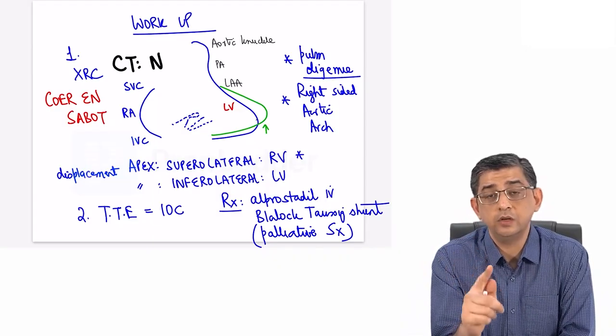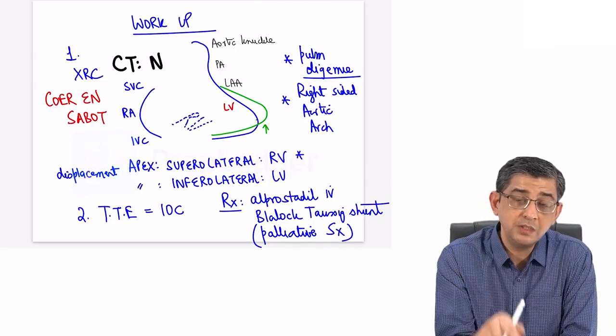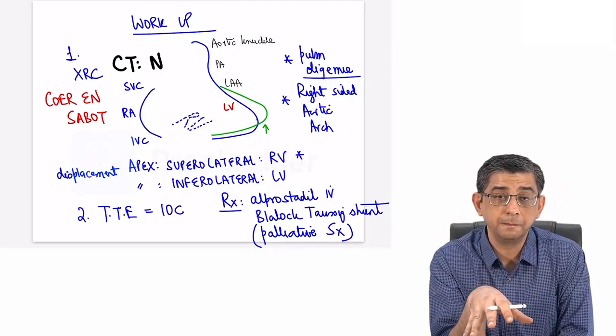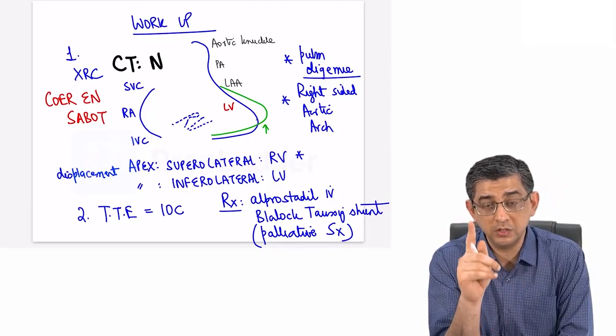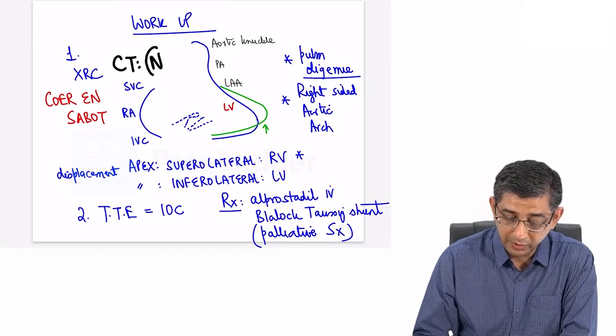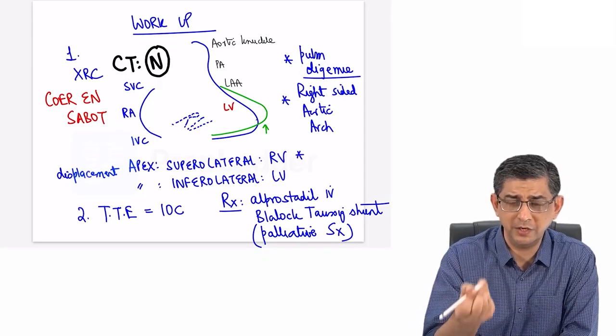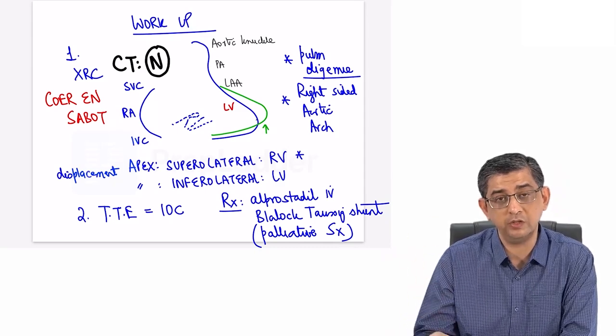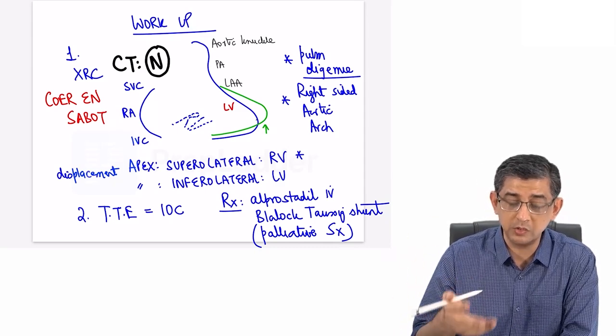Please appreciate in tetralogy of Fallot, the hypertrophy occurs from the inside of the heart, from the endocardial side, and X-ray can't look inside the heart. The surprising thing about tetralogy of Fallot, remember, and why I'm saying surprising is because the first impression that you get as a doctor is, because we are talking about concentric right ventricular hypertrophy, it is bound to be an increased cardiothoracic ratio. But when you read the textbook, it says normal.